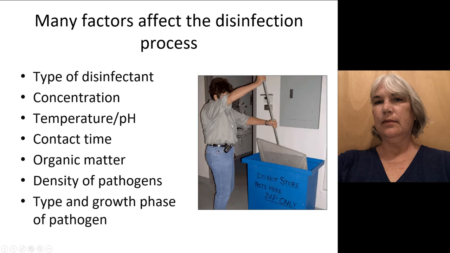If you have a lot of pathogens, the density could affect it. And a lot of, especially parasites, you can only get rid of the parasite in its free living stage. So the type and growth phase of the pathogen is very important. So, like I said, some disinfectants work better in certain situations than others, depending on what pathogen you have. But whatever you choose to use, follow the disinfectants label as well as the USDA guidelines.